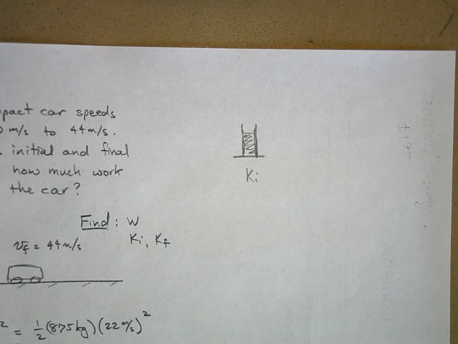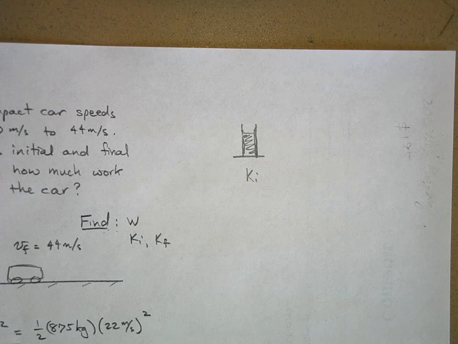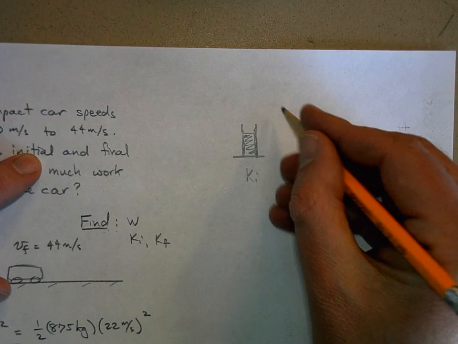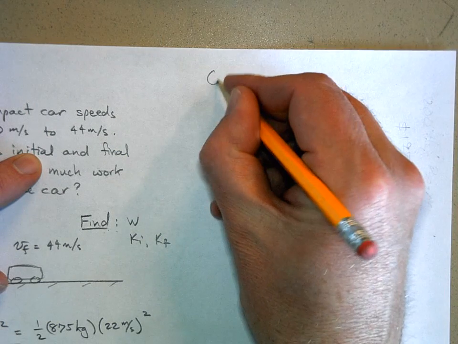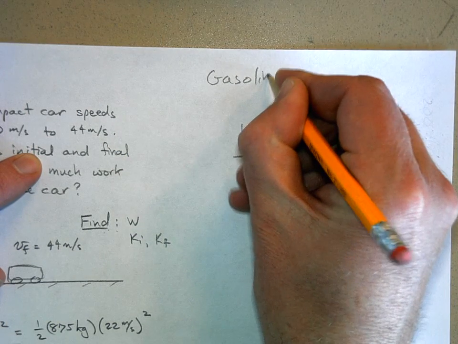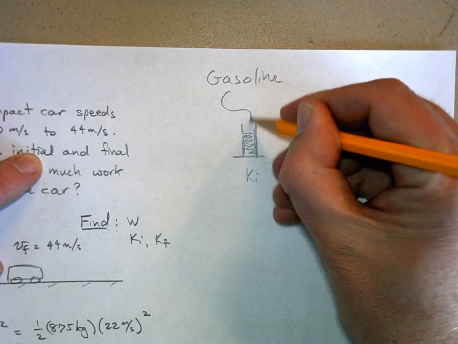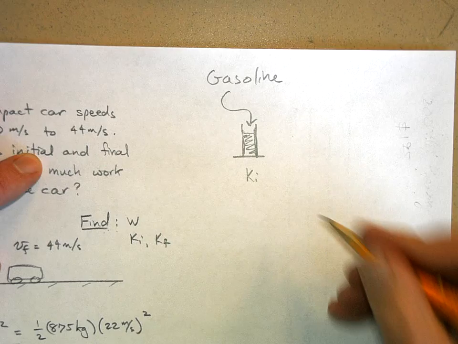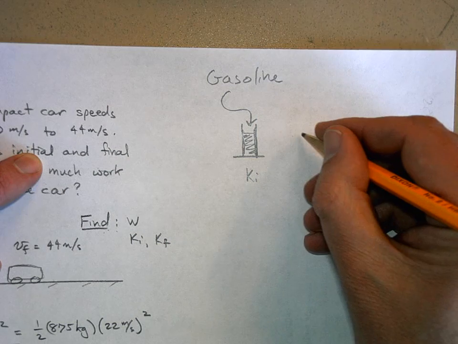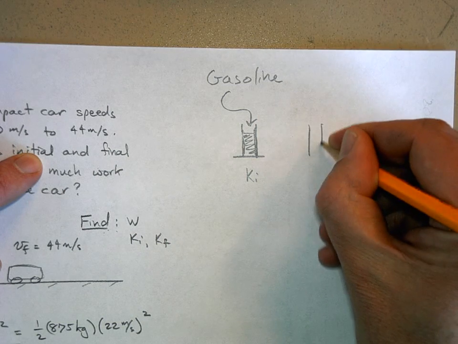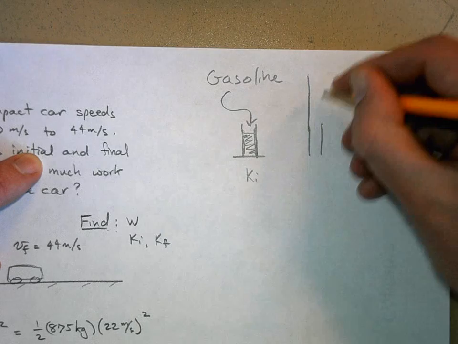That work means we're transferring energy from the gasoline, through this complicated series of explosions and mechanical motions and stuff like that. I'll just put gasoline up here, and we're going to transfer energy into there. And what we get is our final kinetic energy, which is obviously much greater.